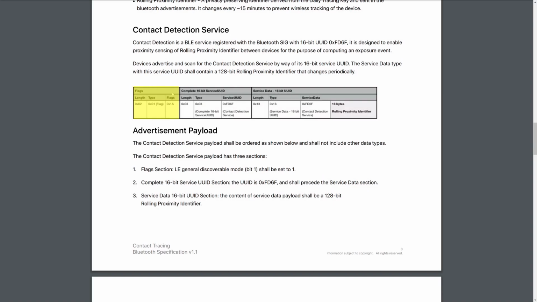So the first section is just saying that it is in general discoverable mode. The middle section is identifying what service it is. In other words, this is the identifier that they've allocated for the contact detection service, and this will be the same for anyone implementing this service. And then we have the service data. So this is just data that you can transfer, and in this case, it has the rolling proximity identifier.